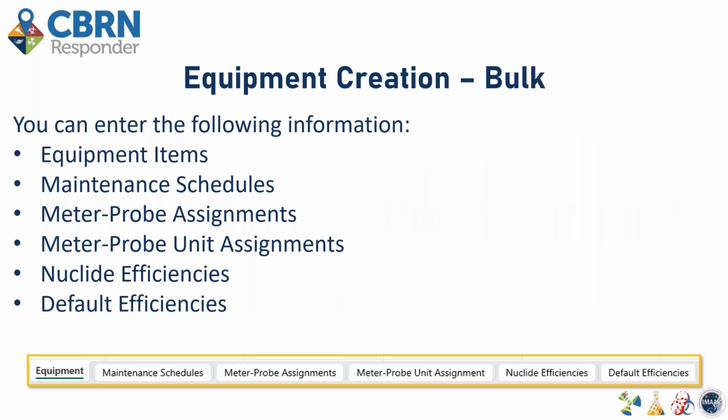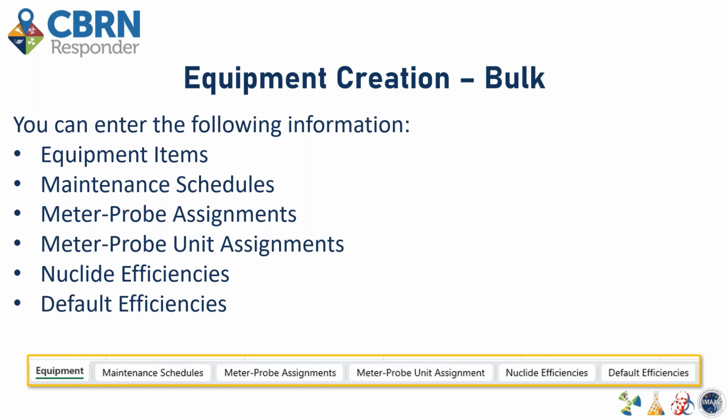In the templates, you can enter any of the following information about the equipment. The equipment tab is actually where you create or edit the equipment items. So that's going to include the serial number, model number, the property number, description, those very specific requirements of what an equipment item needs to be created.